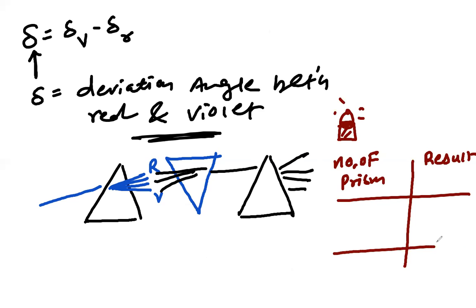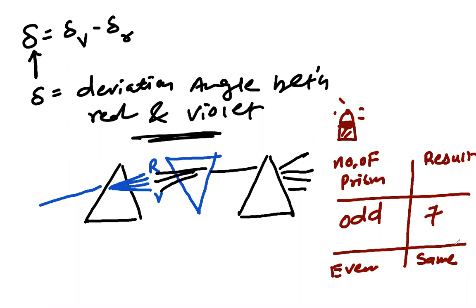If my number of prisms is odd, I am getting 7 colors. And if my number of prisms is even, I am getting that same light back. If I have placed a transparent or white light, I will get a transparent or white light. If I have placed monochromatic light, then I will get monochromatic light.